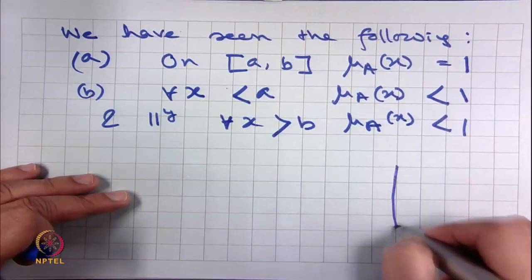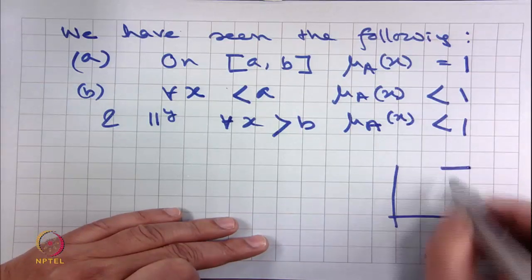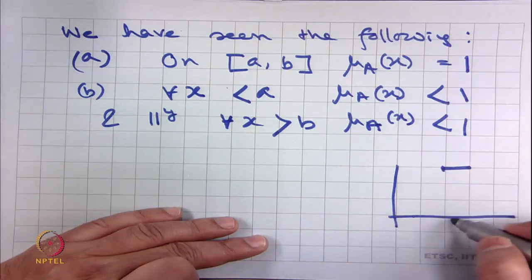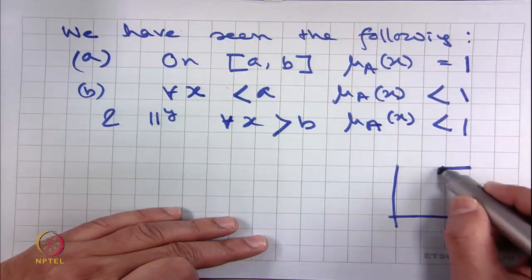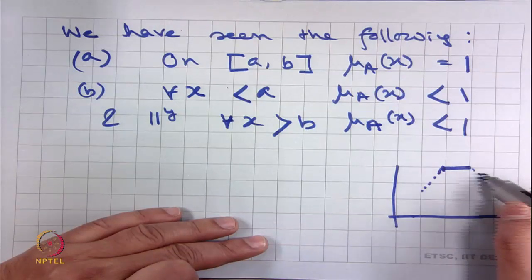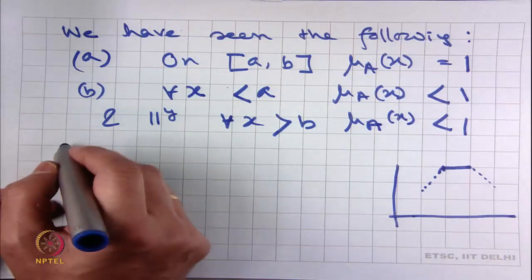Therefore, as we go to x from the right hand side, the membership value is less than 1. Similarly, on this side also the membership value is less than 1.